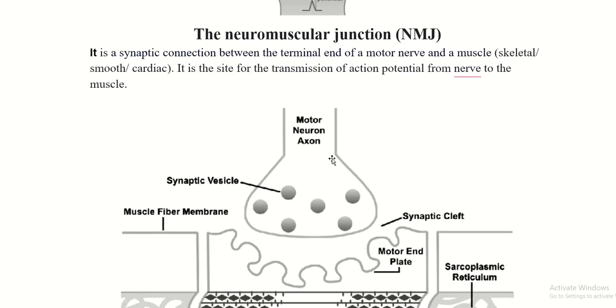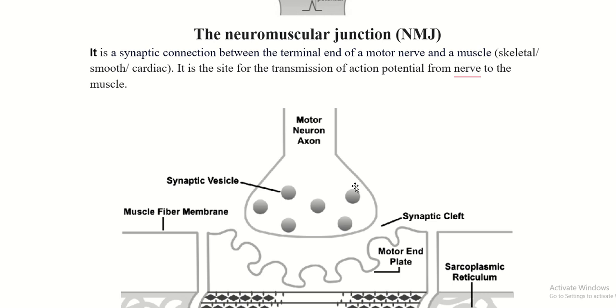Now the neuromuscular junction. This is the presynaptic terminal portion of the motor axon and it binds with the sarcolemma of skeletal muscle, and this is the synaptic cleft.